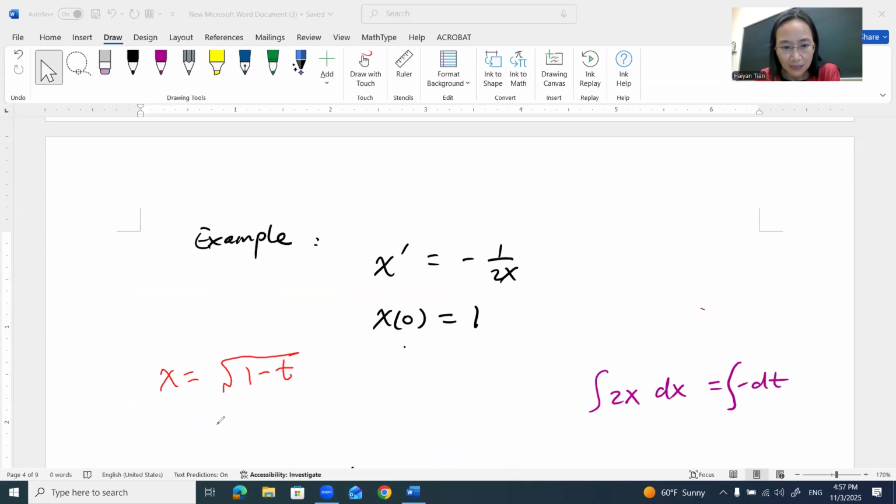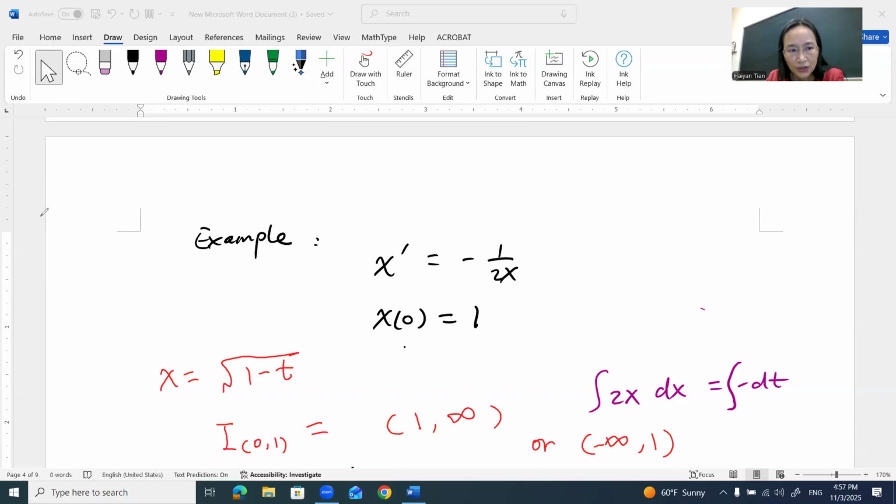That means the maximum interval of existence for this initial data is either from 1, not including 1, to infinity, or negative infinity to 1. Which side of 1? So we need to think about that.